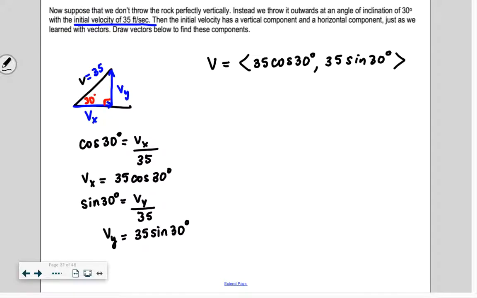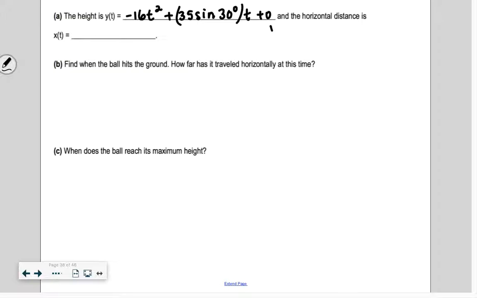So I think our initial height was 0, right? Did I still say 0? So plus 0. So that was our initial height, and this is the initial velocity in the y direction. Do you know what I mean by that? So going upwards. When we throw something at an angle, part of that force is going up and part of it is going out.